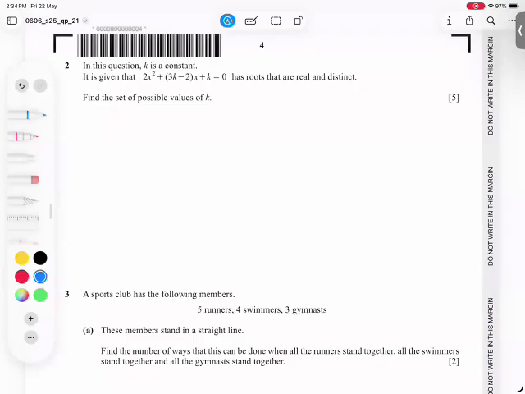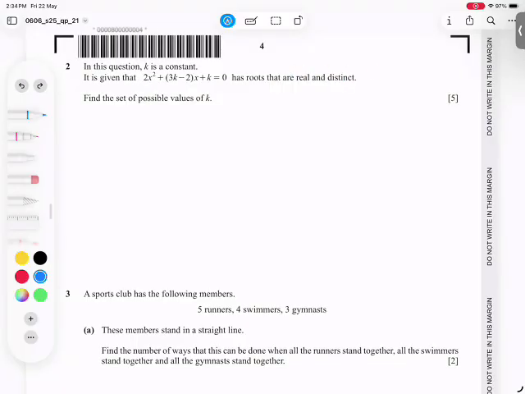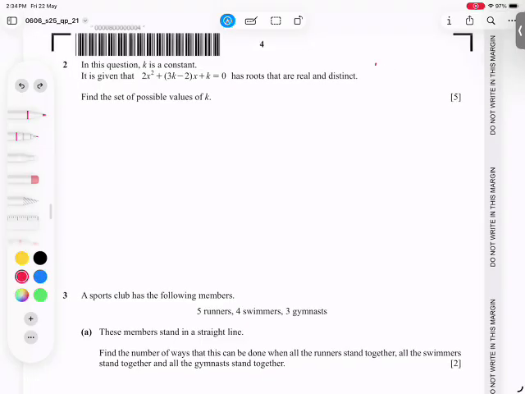Question number 2, students. In this question, k is a constant, and it is given that this has roots that are real and distinct. Real and distinct is very clear: b squared minus 4ac is more than 0. First of all, what is the a value?